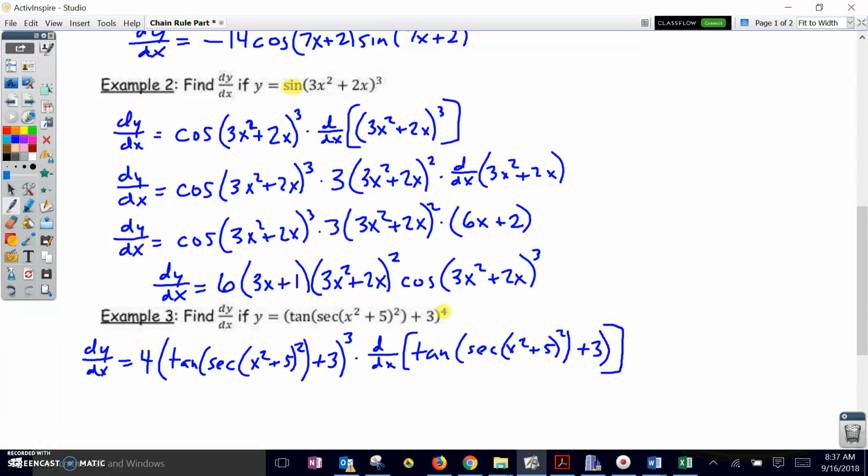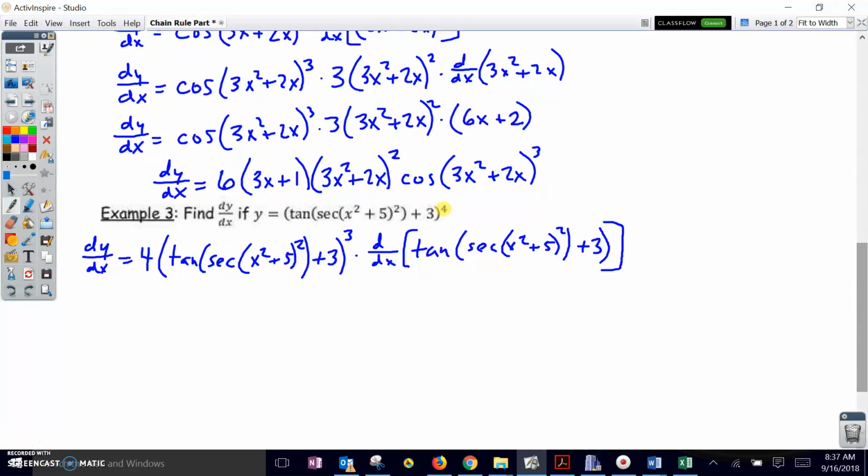Okay, and now I need to take the derivative of what's in there. I have a feeling this is going to get a little bit unwieldy with so many functions in composition. And now when I take the derivative of this, tangent is the outermost function here.